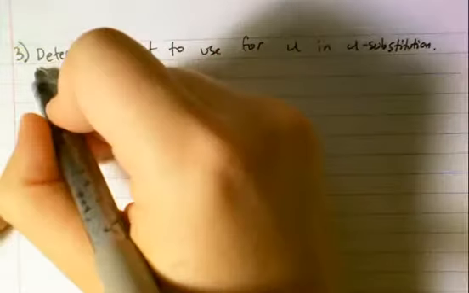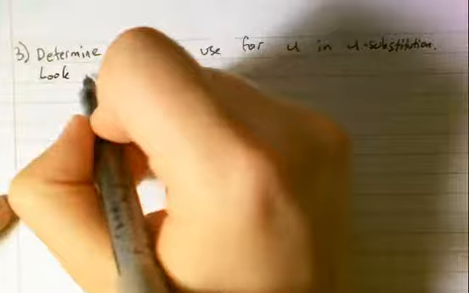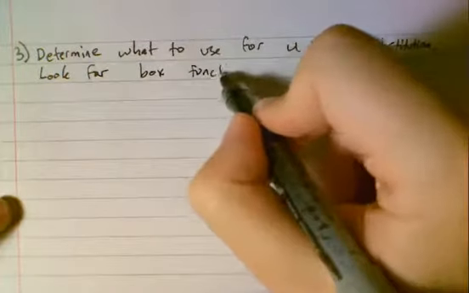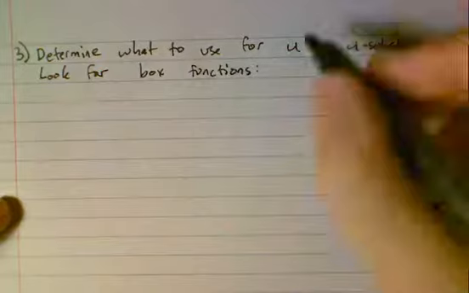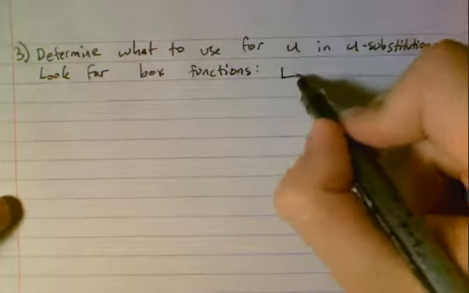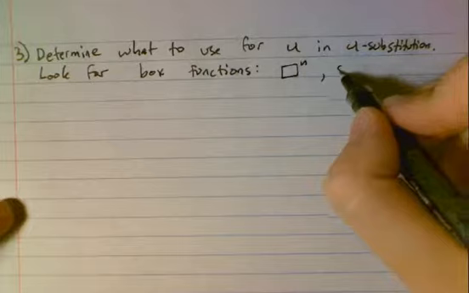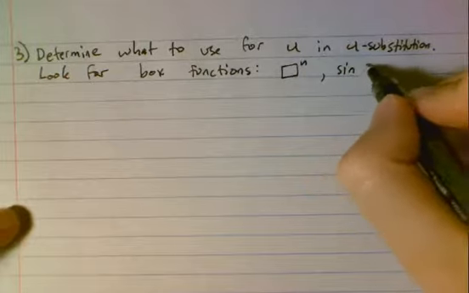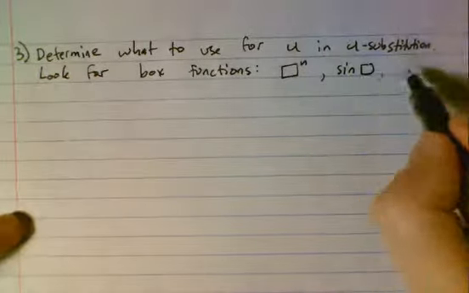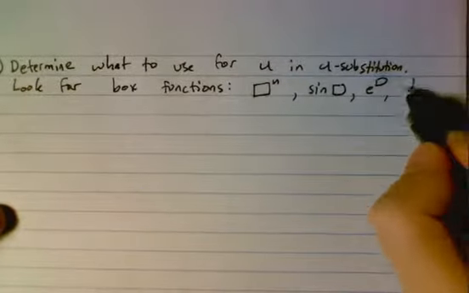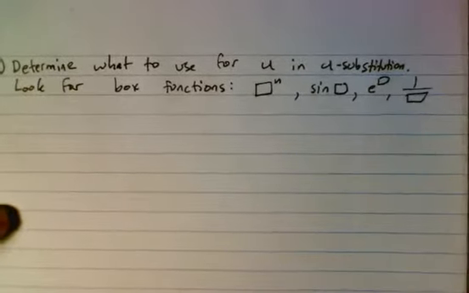The way that we do that is we look for box functions. Remember, in this case, that's something to the nth power, sine, cosine, tangent, etc. of something, e to the something, or 1 over something.